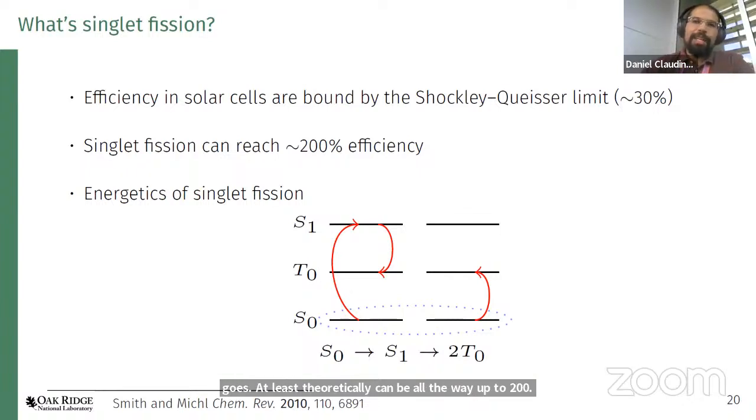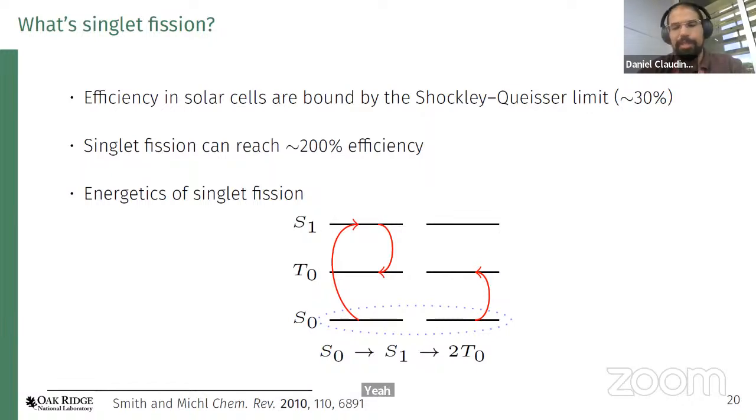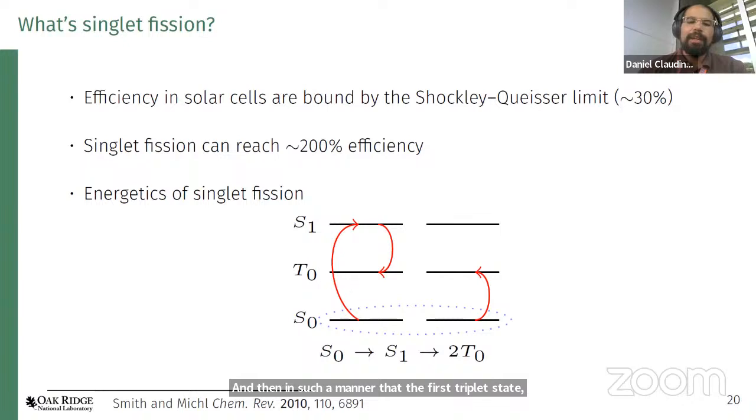But in order to realize this, there is a very peculiar energetic requirement that you need to fulfill, which is you need a coupled spin singlet species, such that the energy of the first triplet state is roughly halfway between that coupled spin singlet state and the first spin singlet excited state.